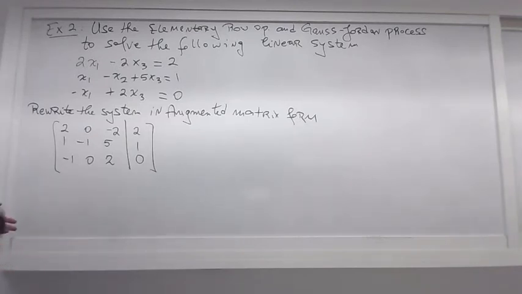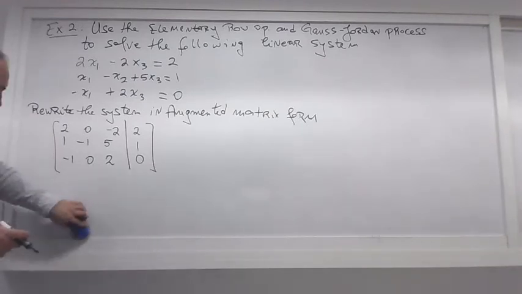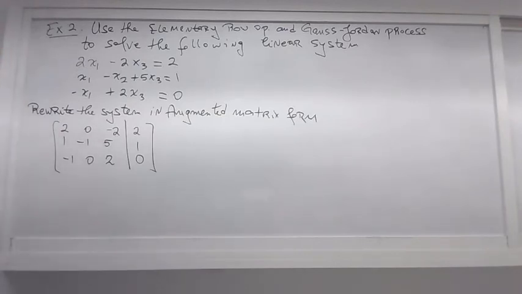So I try to avoid fractions as much as I can. That's why in that situation, if I had 7 here, I would swap these two rows. That would be my first thing to do, because I don't like fractions. But if you like fractions, it's fine. Up to you.